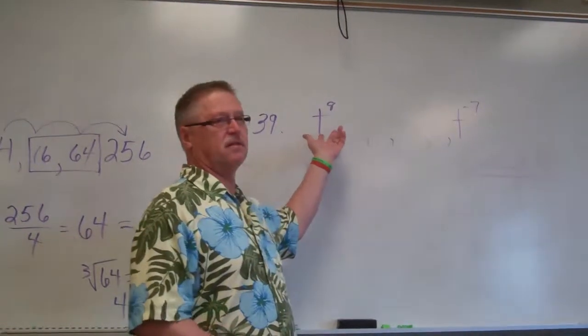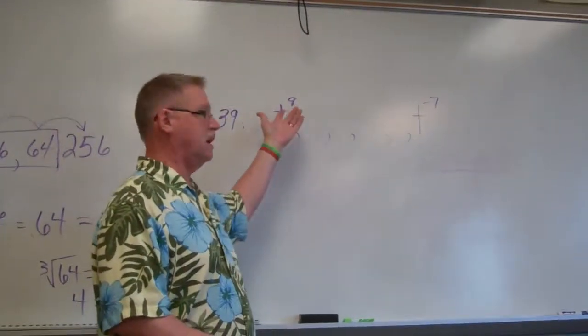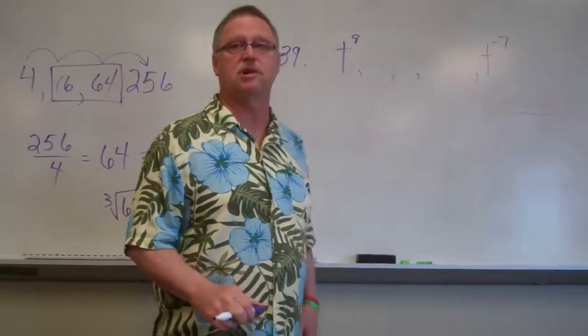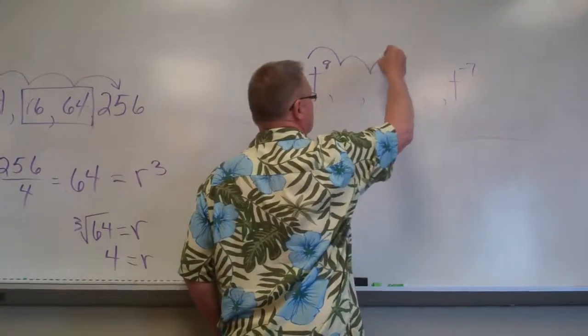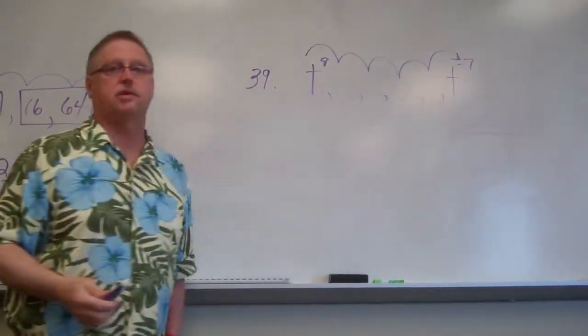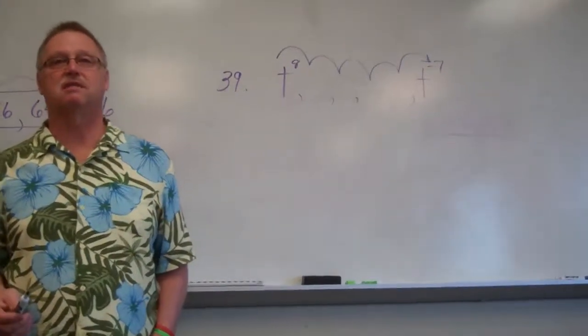But this is almost easier because when you multiply, exponents add, right? Or in this case, they subtract. So, how many jumps is it? 5 jumps from a 8 to a negative 7. How much are we subtracting each time then?